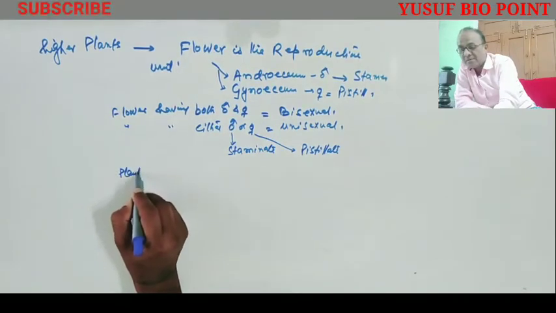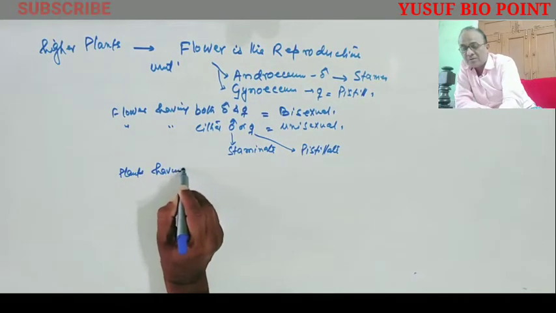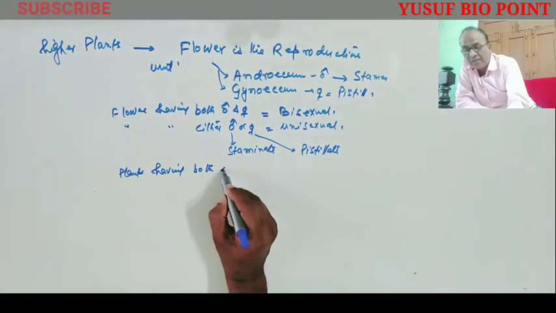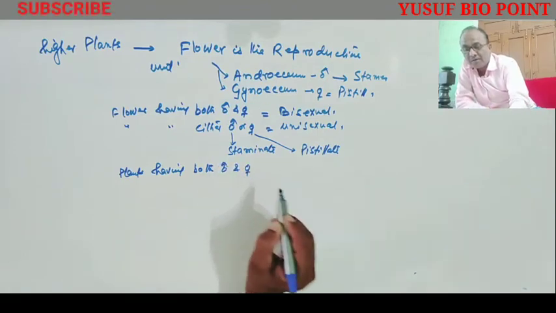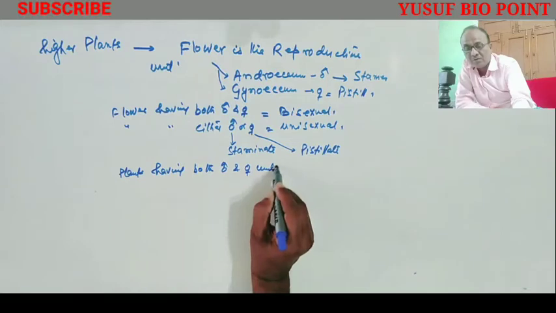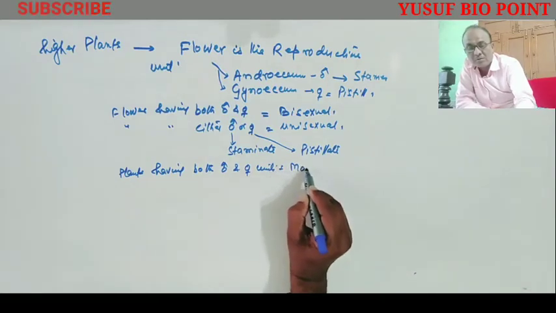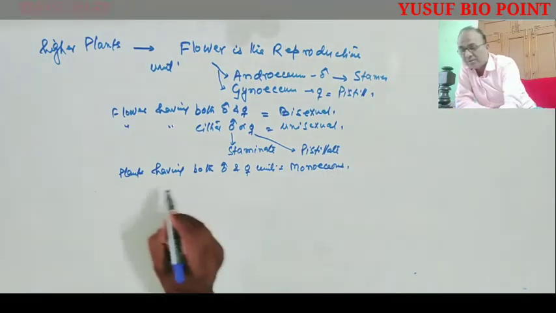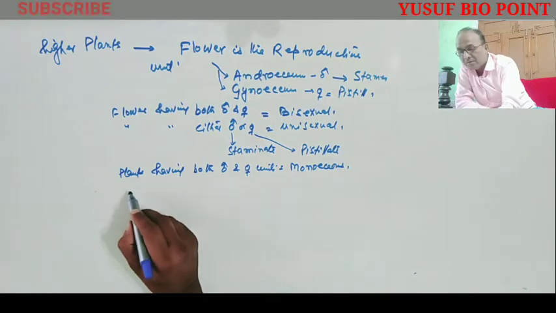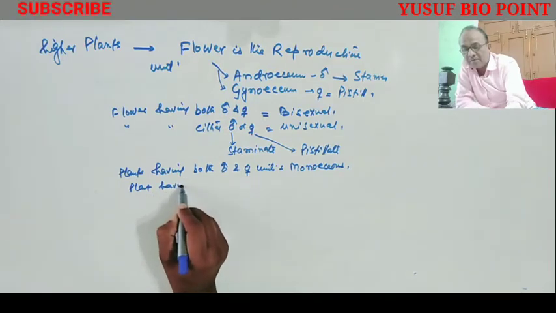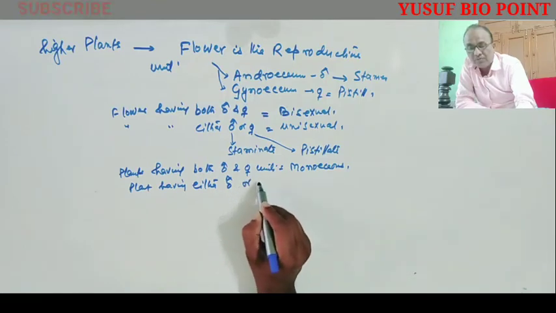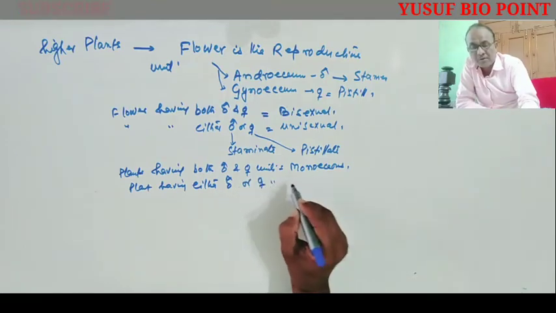And the plants having both male and female units are called monoecious, and plants having either male or female units are called dioecious.